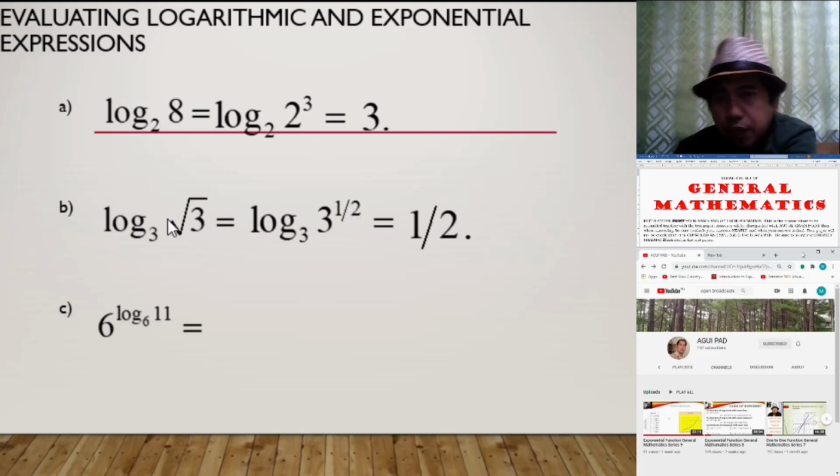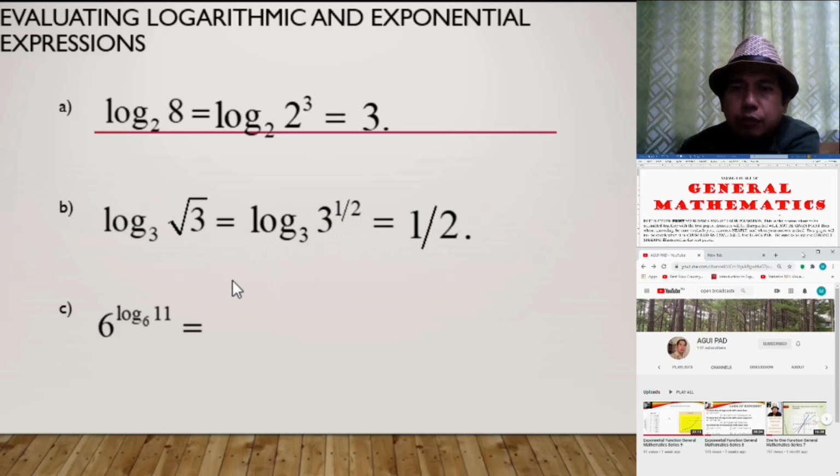So the square root is the same as the fractional exponent 1/2 when we convert this radical number into fractional form. So 3 raised to 1/2. Now you will notice that we have log with the same base 3. This will cancel out, and so what is left is 1/2.